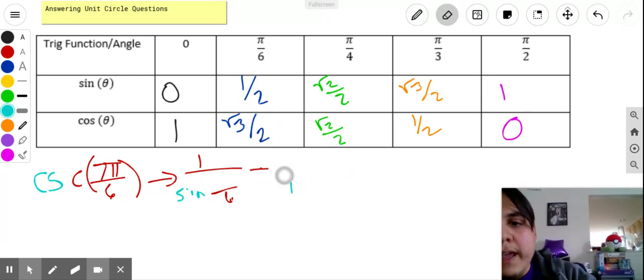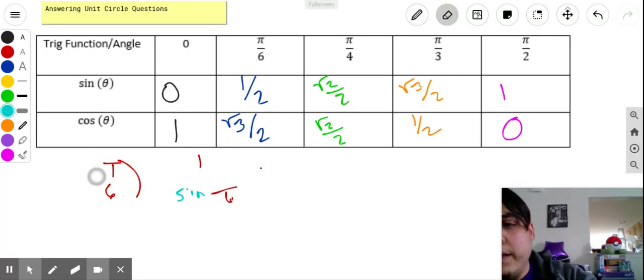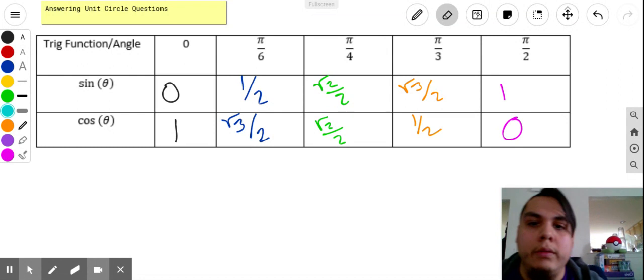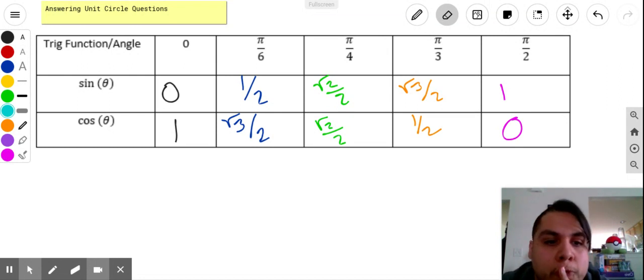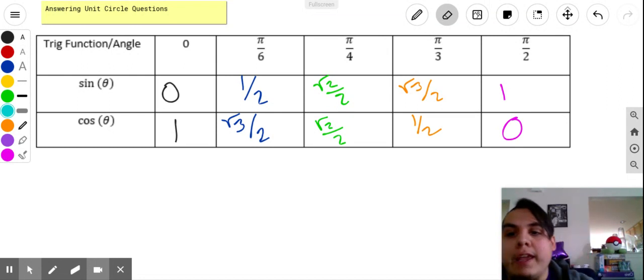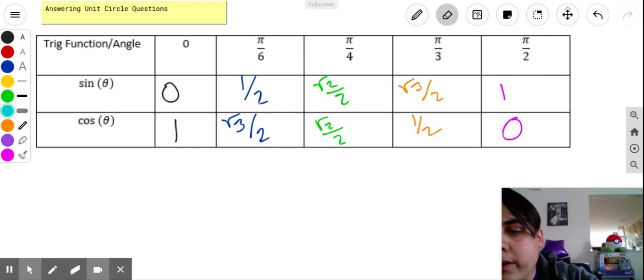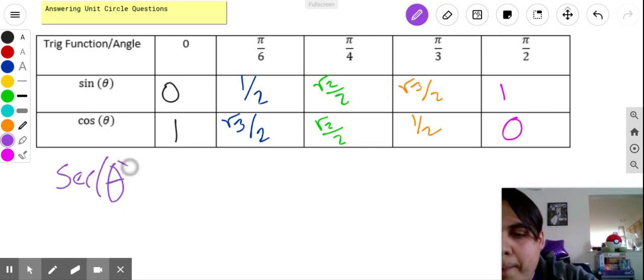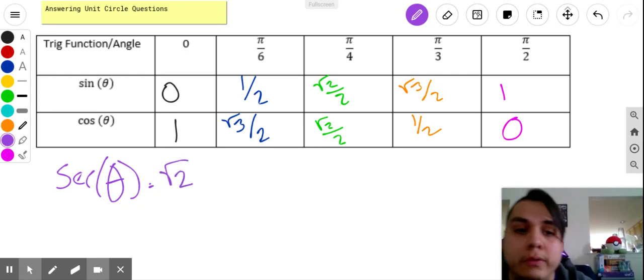Let's say we had secant of theta equals radical 2.